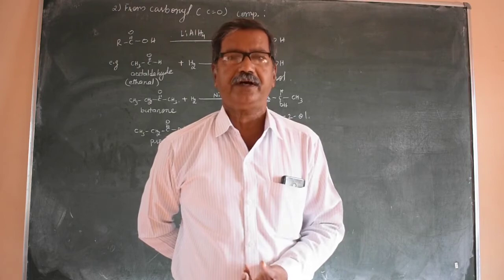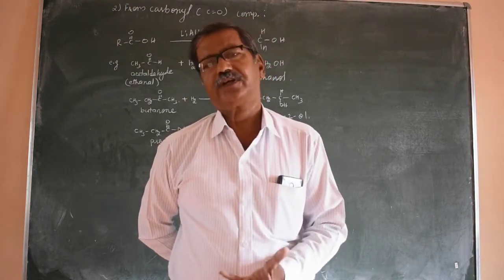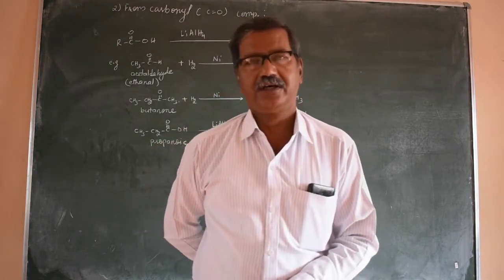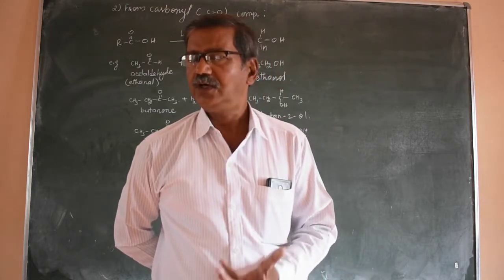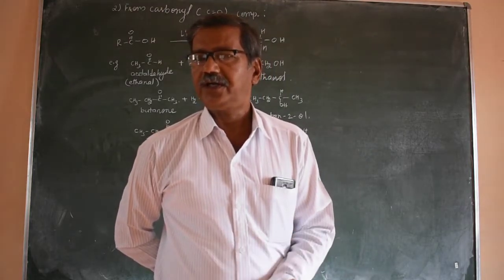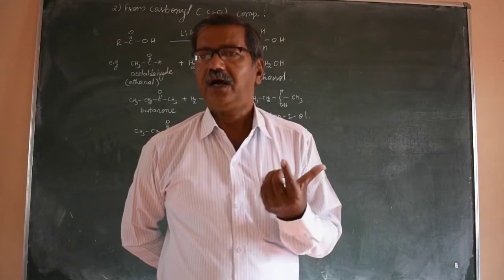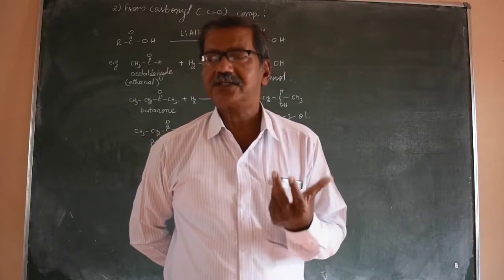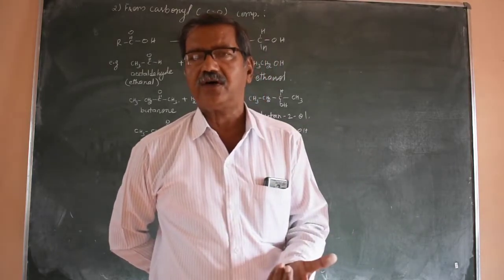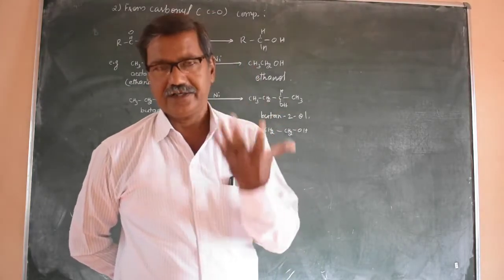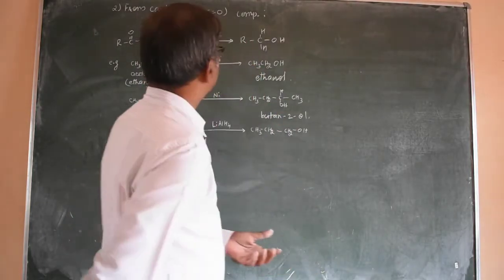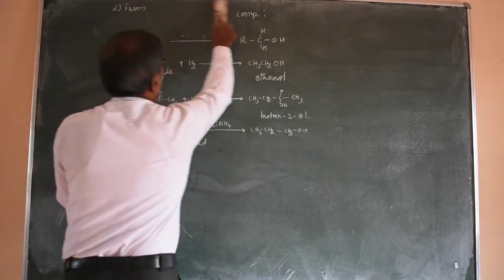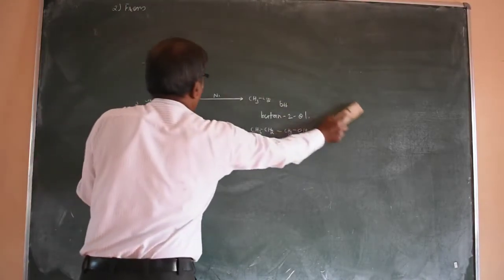We can prepare any type of organic compound by using Grignard reagent. Here also we can get 1 degree, 2 degree and 3 degree, that is primary, secondary and tertiary alcohol, from Grignard reagent. Well, the third method is from Grignard reagent, that is from RMgX.